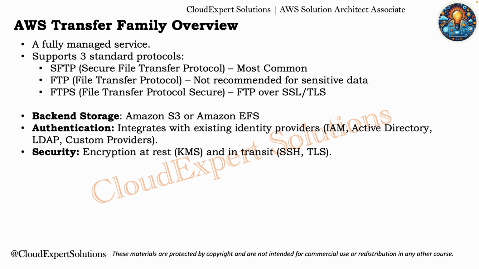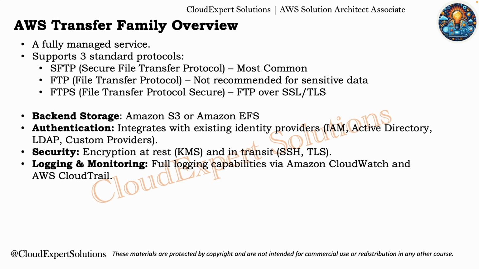All the data you store will be encrypted at rest using AWS KMS and encrypted in transit using SSL or TLS. You will get full visibility and logging via CloudWatch and CloudTrail. It's a robust serverless architecture for file transfer.